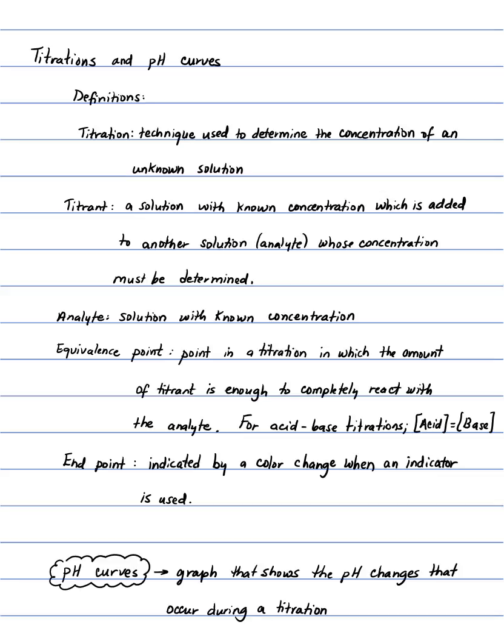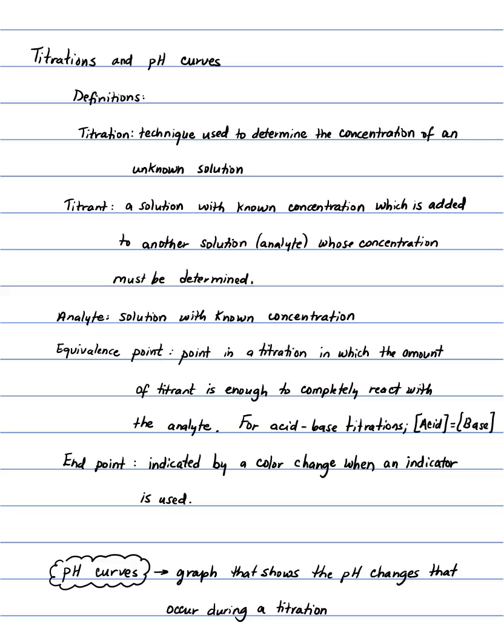So I'm going to show you examples of pH curves, which is just a graph. A pH graph is showing you that you have a solution at an initial pH, and now you're adding the titrant to your solution, the analyte. The pH is going to keep changing as you're adding the titrant.